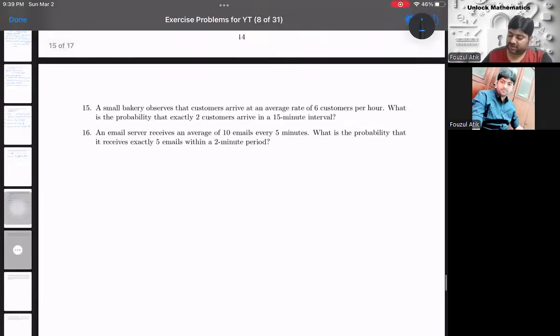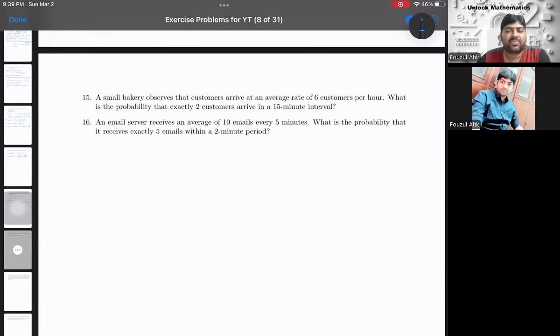Okay, now let's move to the next question. A small bakery observed that customers arrive at an average rate of 6 customers per hour. What is the probability that exactly 2 customers arrive in a 15 minutes interval? This is the one we discussed during our Poisson distribution time.